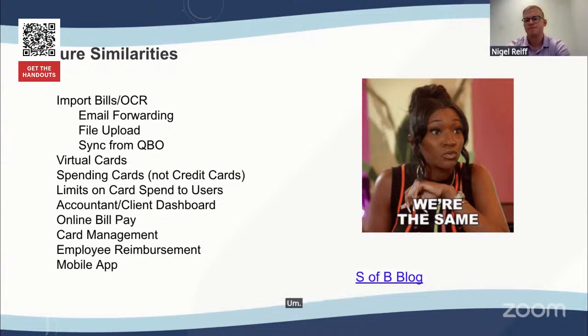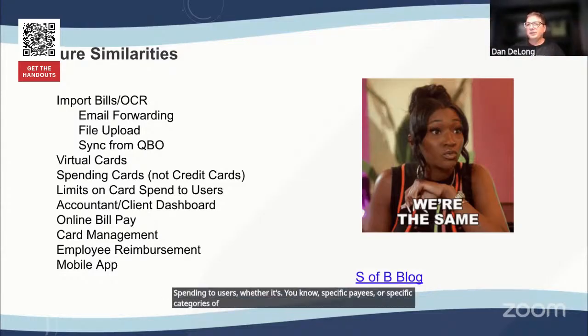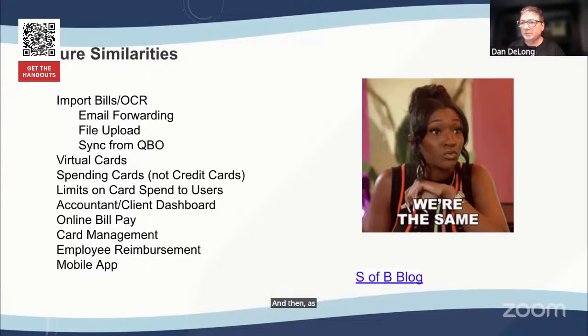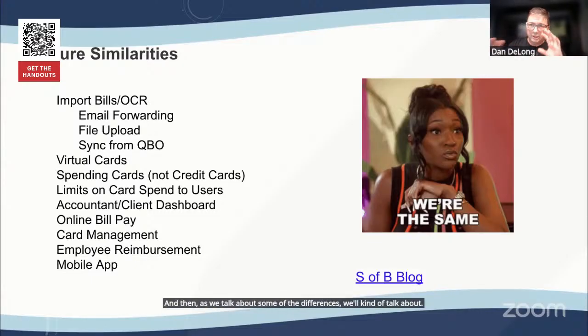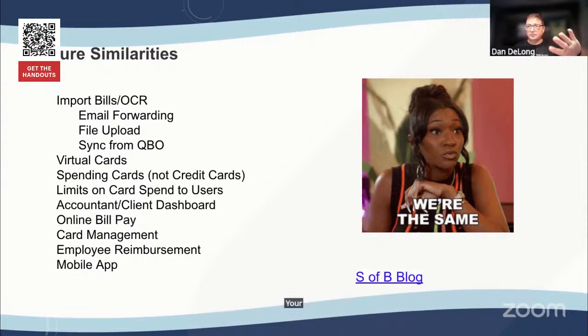Right. And as we had talked, there are limits that you can put on the card spending to users, whether it's specific payees or specific categories of payments. And as we talk about some of the differences, we'll talk about what you can do with those limitations. Both of them are going to have an accountant with a client dashboard, very similar to QuickBooks Online, where you see your practice or your firm and have access to all of your clients from there.